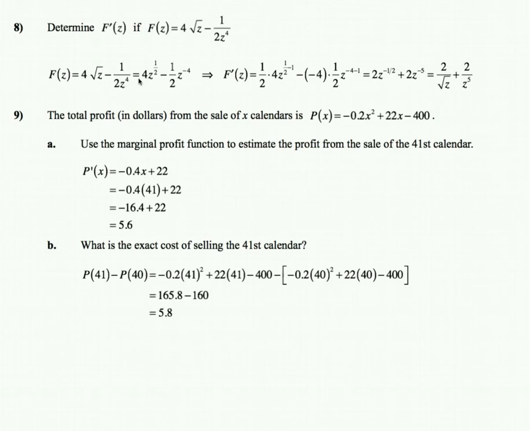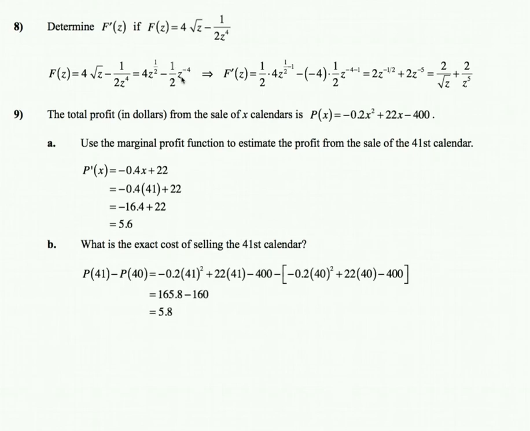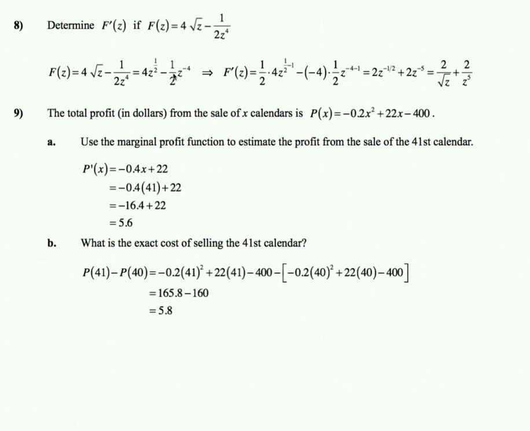And then we write the z to the positive 4 in the denominator as z to the negative 4 out of the denominator. Now I could have put it in the numerator, but I thought that it was easier to see what was happening if I left it out here and left the fraction to the left of it as its coefficient.